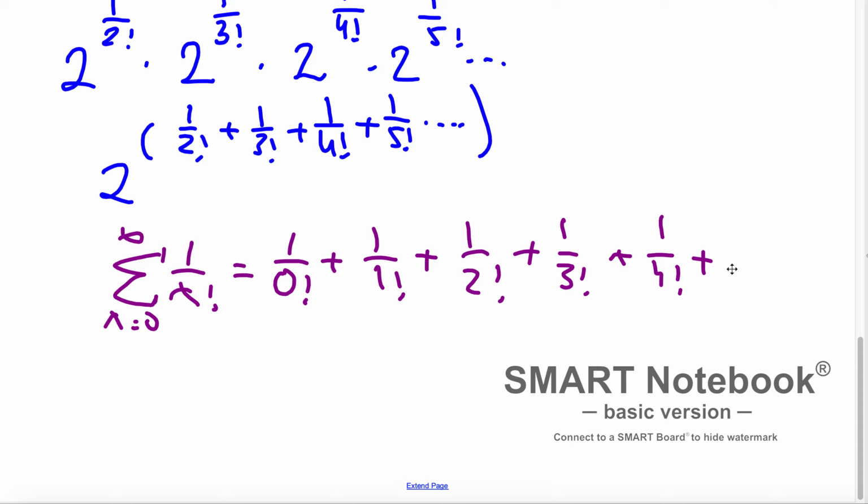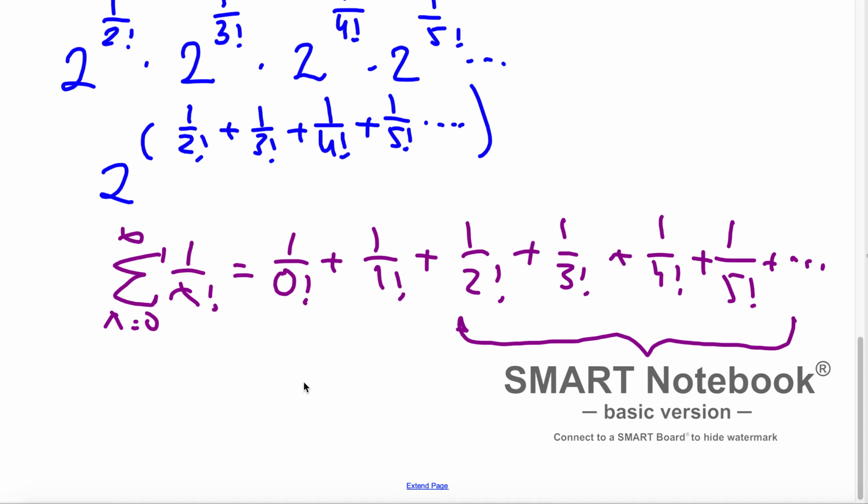I'm writing up to 5 because I have 5 here, plus it goes forever. But I want to know just this form. So this part here, what is it going to be equal to?